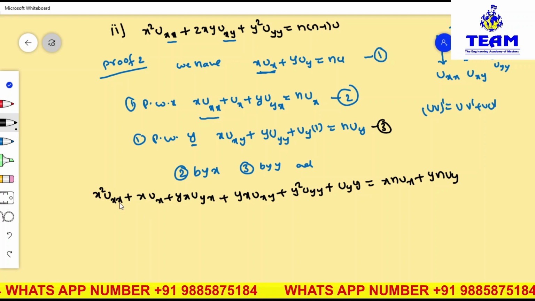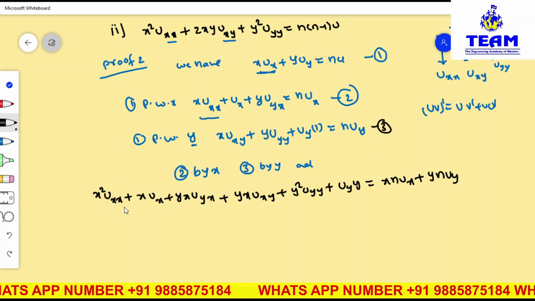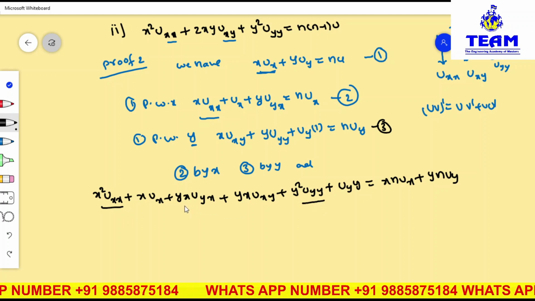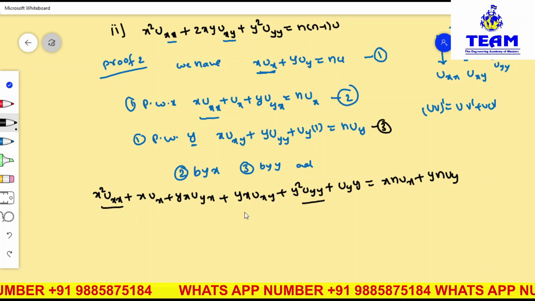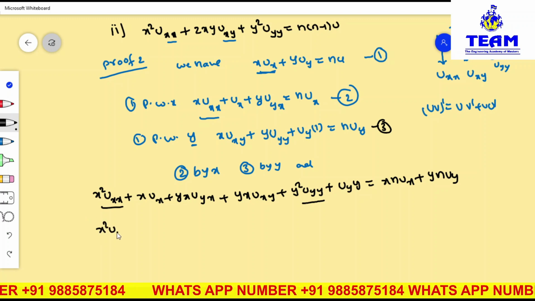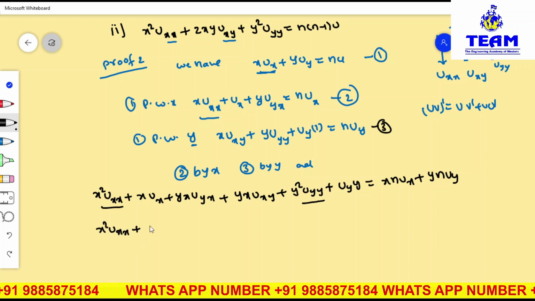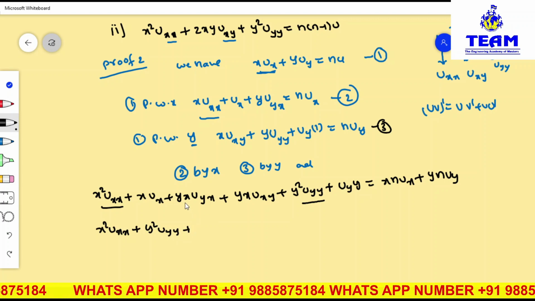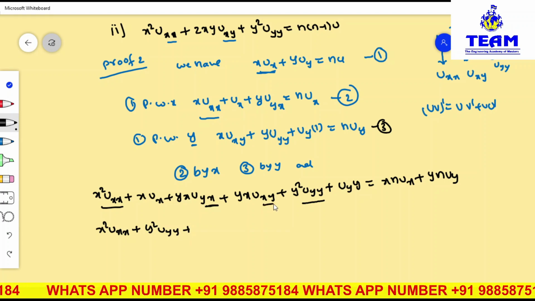Okay friends, here you observe x square uxx plus y square uyy. First I am writing these two terms, x square into uxx plus y square into uyy, plus the remaining terms. You see, this is a uyx term, this is also a uyx term.